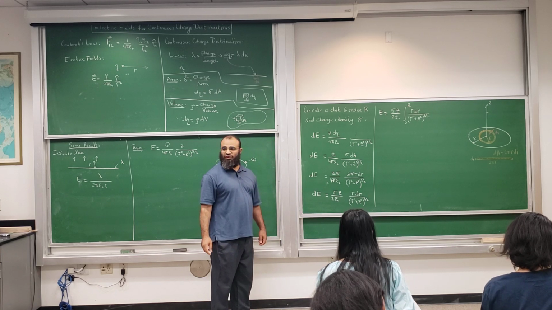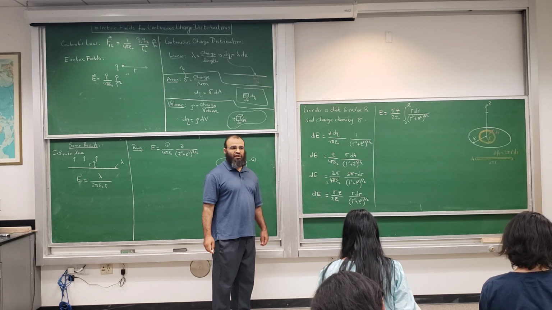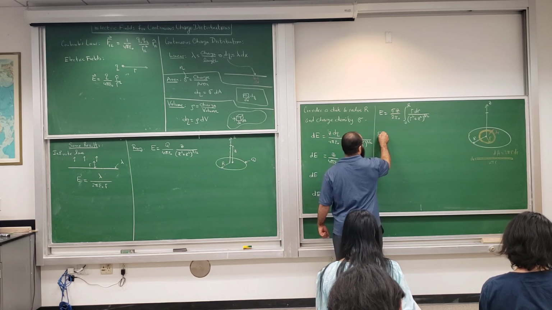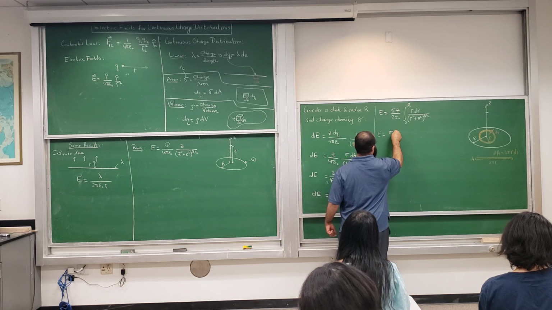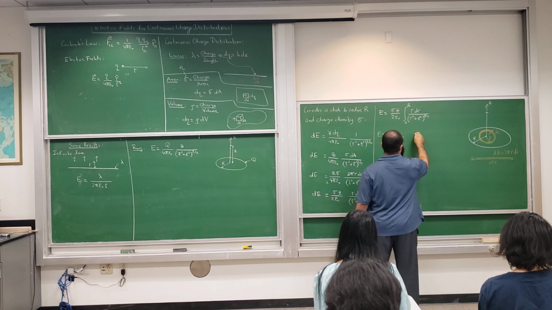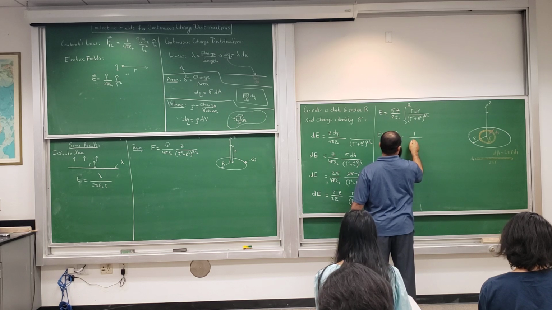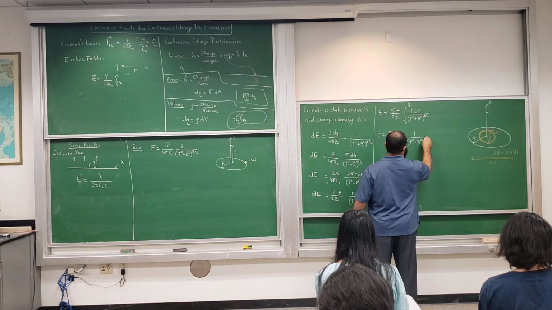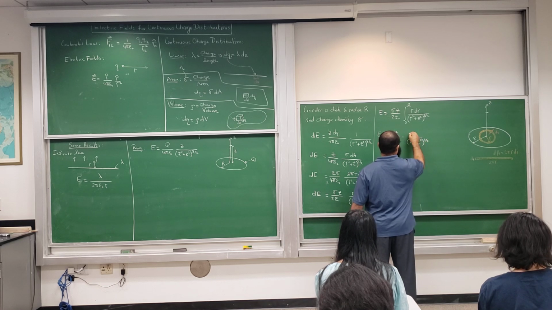It should be 1 over the square root. So E is sigma z over 2 epsilon naught, and then you have 1 over (r squared plus z squared) to the 1/2 power, but keep the minus sign.